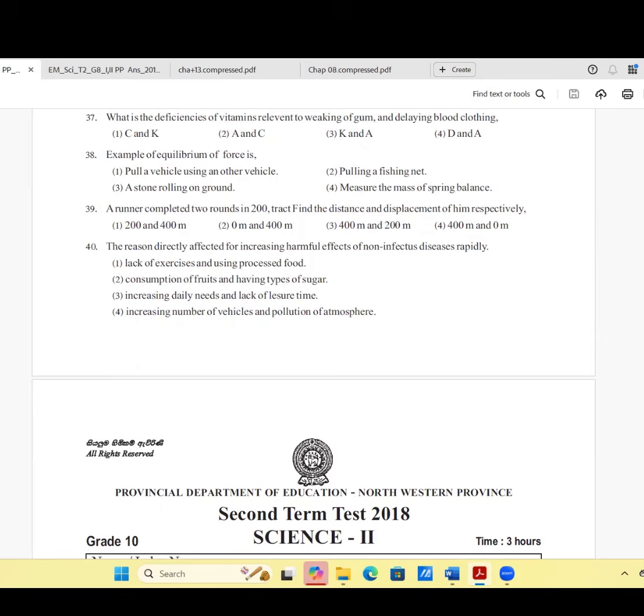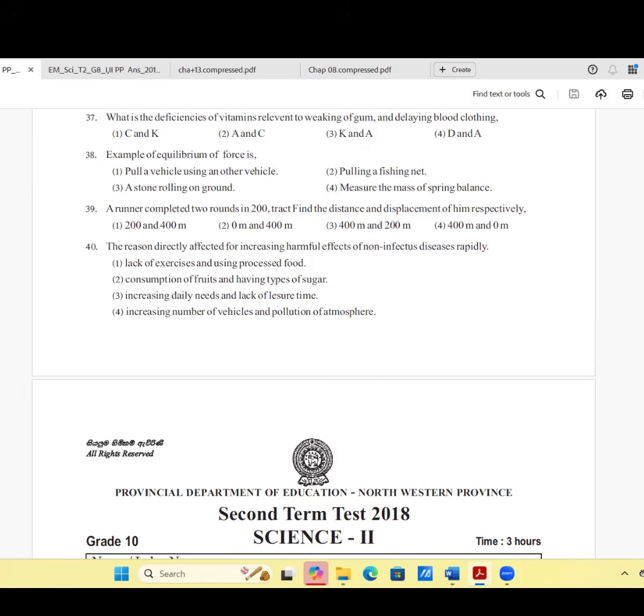39. A runner completed 2 rounds on a 200 meters track. Find the distance and displacement of him respectively. The runner is running 2 rounds on a 200 meters track. Then the distance is 400 meters and the displacement is 0 because he came to the initial position again. So answer 4.